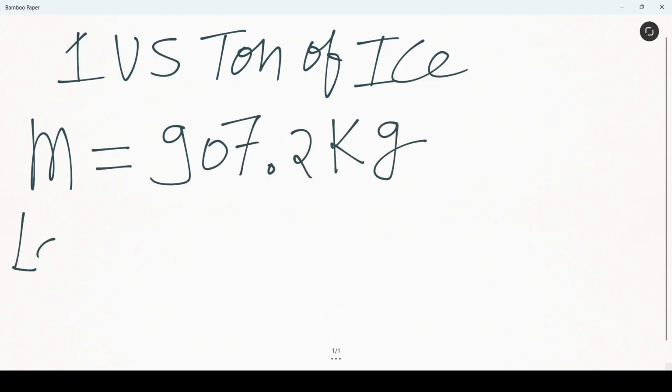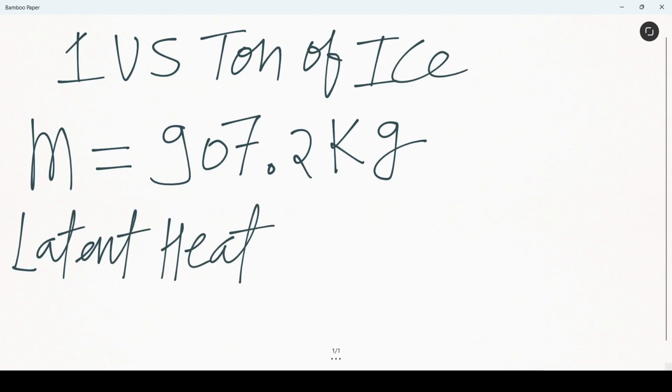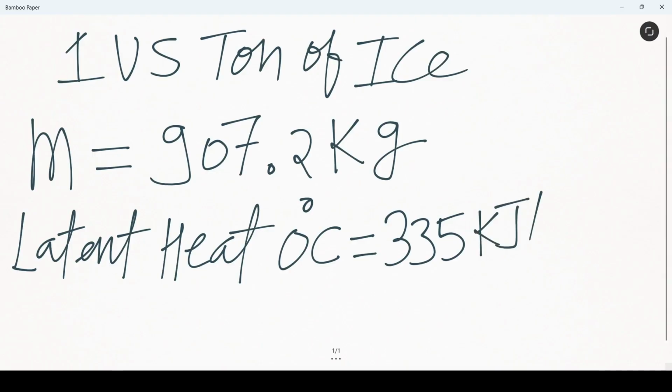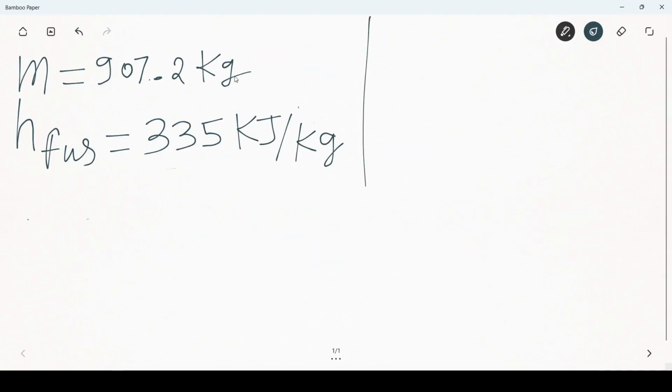The latent heat of fusion of water at 0 degrees Celsius is equal to 335 kilojoule per kg.